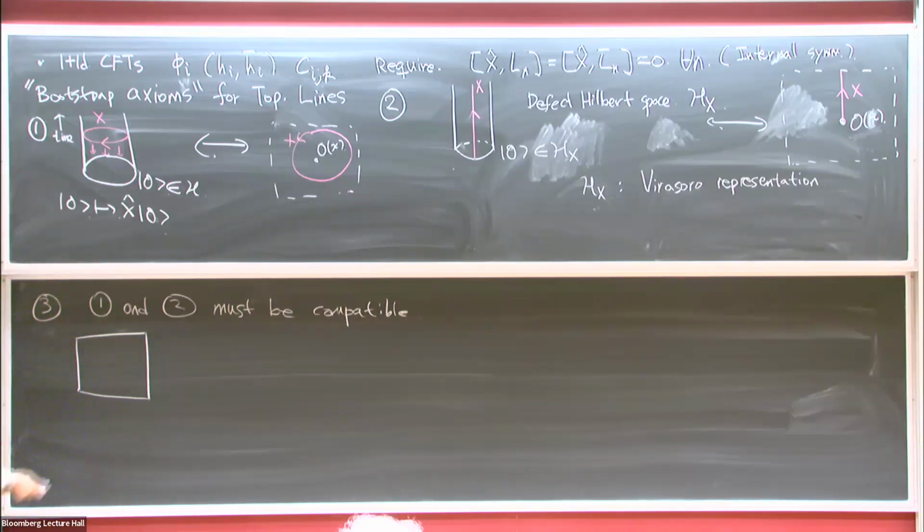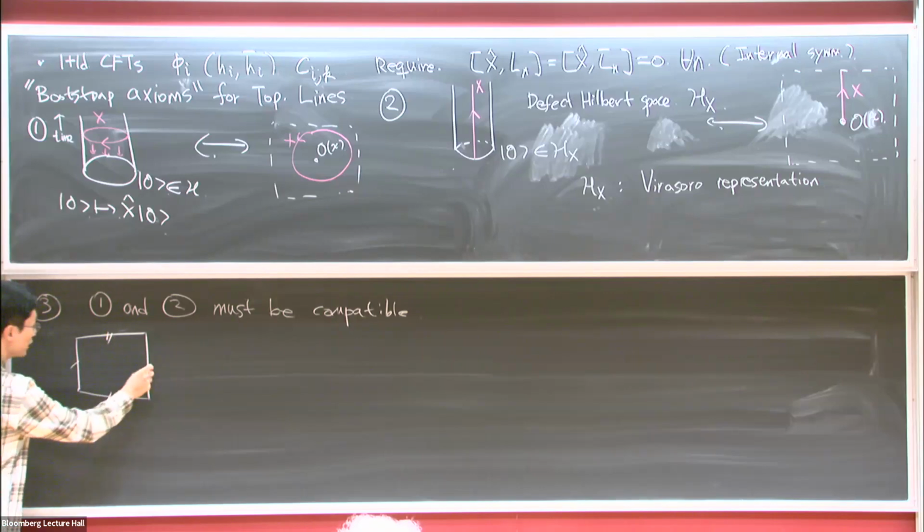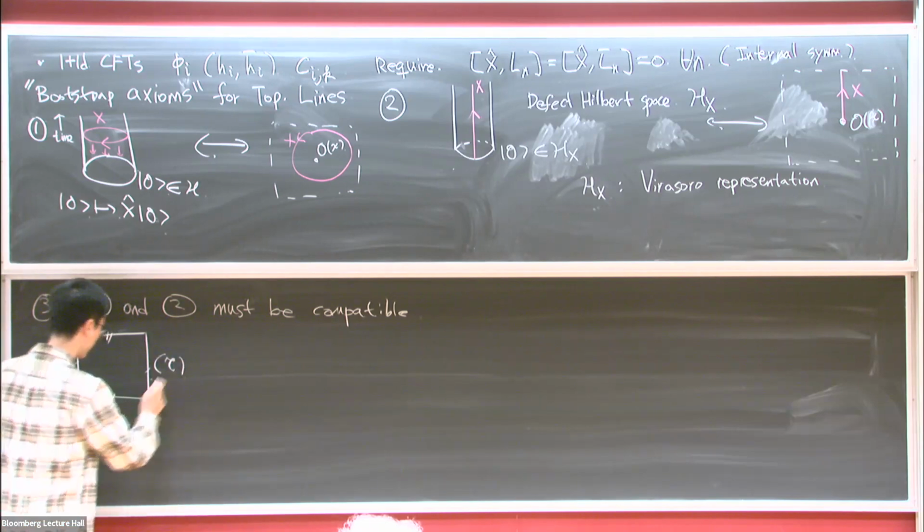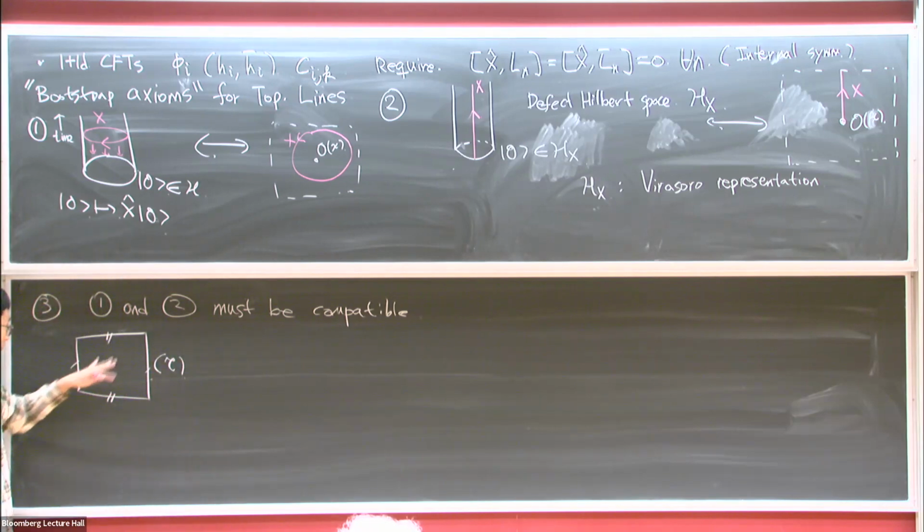I'm going to draw a square torus, so these two sides are identified, and these two are identified. I'm drawing a square torus, but in this picture, I keep the complex modulus to be arbitrary.